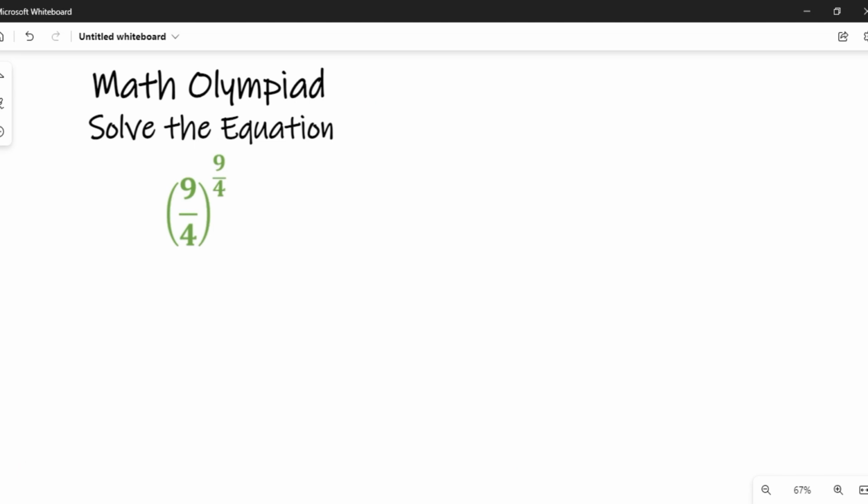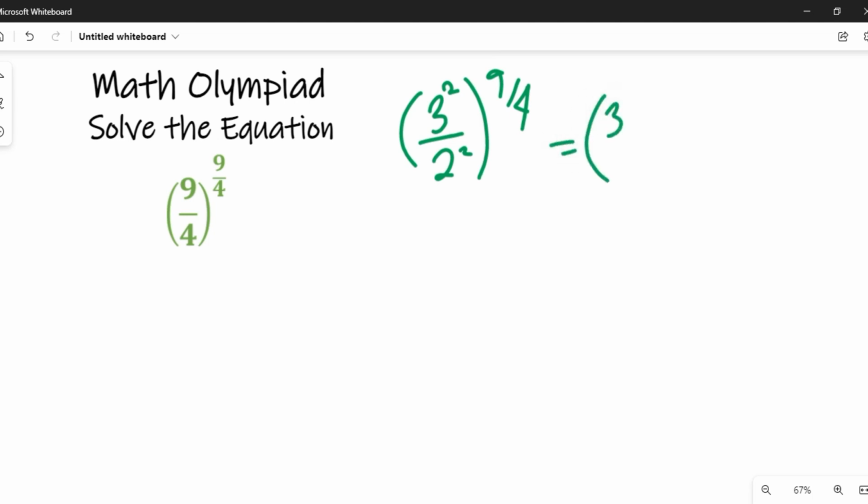To solve this question, we'll simplify the values in the bracket. The internal one will give us 3 squared over 2 squared, which is (3/2) squared, multiplied by 9 over 4.